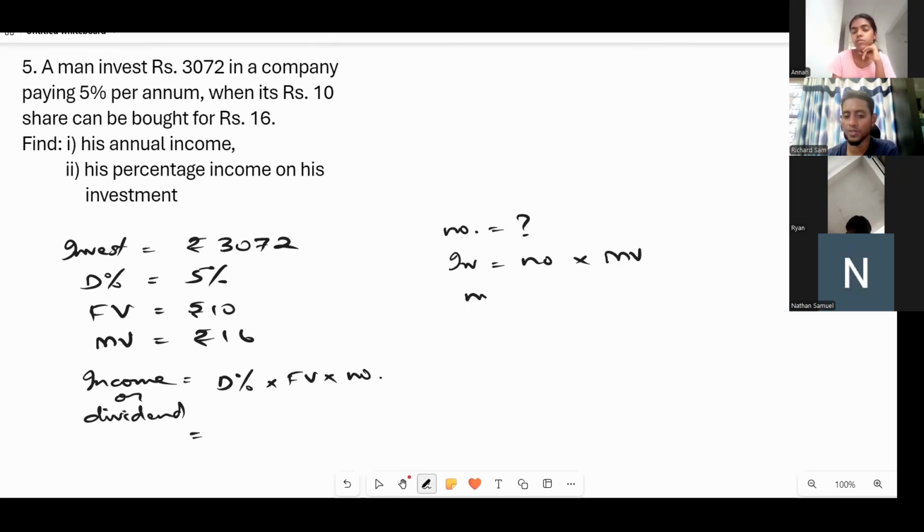From this, if you make number of shares the subject, we'll get investment upon market value. So that is 3072 divided by 16. So with this, you'll get number of shares. Then you put the number of shares in this formula, you'll get the income. Clear, everyone? Do it.